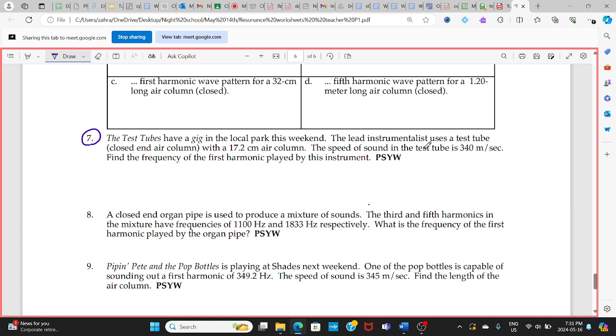So it's going to be one end closed, right? So the length is given to you. The speed of the sound is 340 meter per second. I want to find F1. Knowing the general equation for first harmonic, I have L is equal to 1 over 4 lambda.